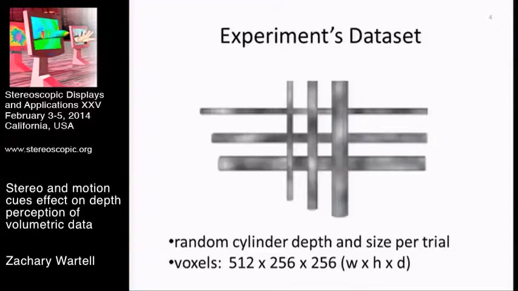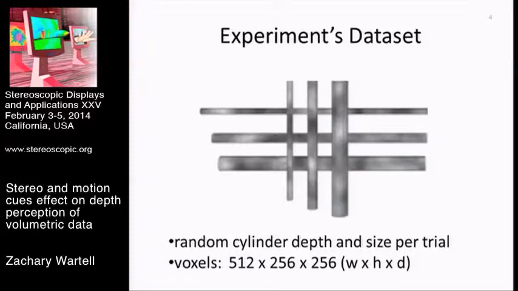So we chose to come up with an artificial data set where we could randomly permute the ordering. You can imagine we had 6 different cylinders rendered in a volumetric rendering. Their depth order was randomly permuted from trial to trial, and the size of the cylinders was also randomly permuted so that you couldn't use the size of a cylinder as an indication of depth.